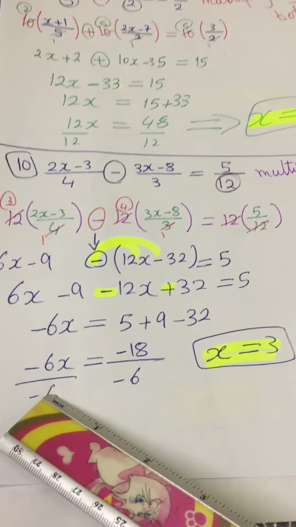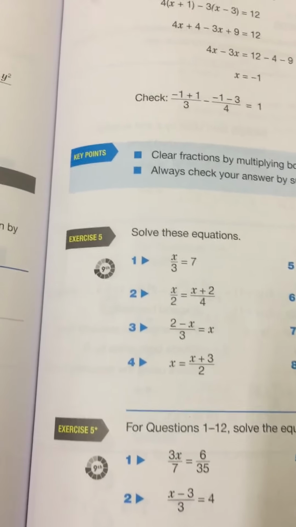Question number 10, exercise 5 star, page 369. I am here in exercise 5 star. I take number 11 from the same exercise 5 star, page 369.